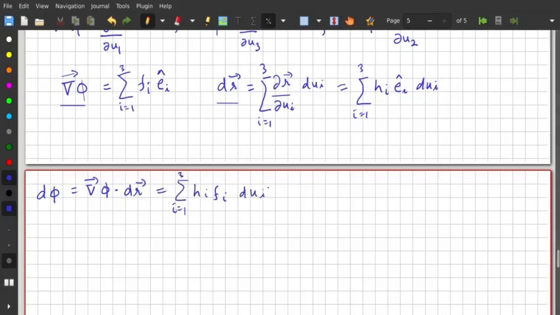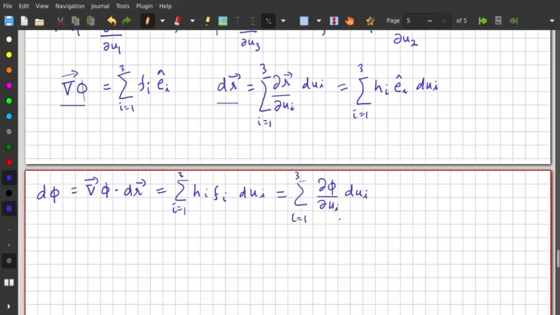Okay, and that is the same as the summation of partial phi partial ui dui, because you remember phi can be represented in terms of the curvilinear coordinates u1, u2, u3.